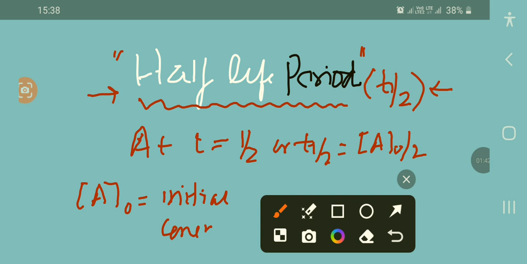Then we have the final concentration become A equal to A naught by 2. Final concentration become half of its original concentration.